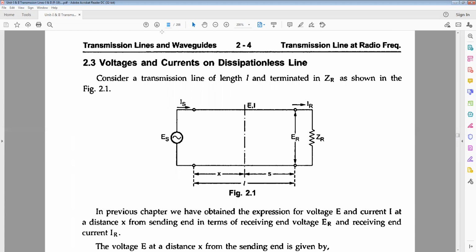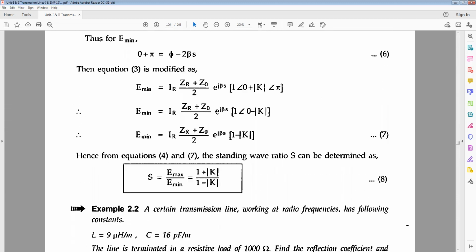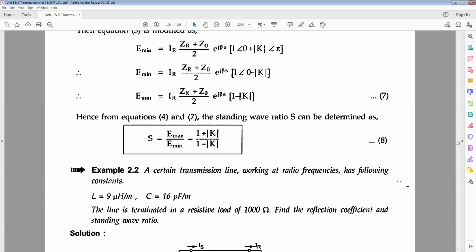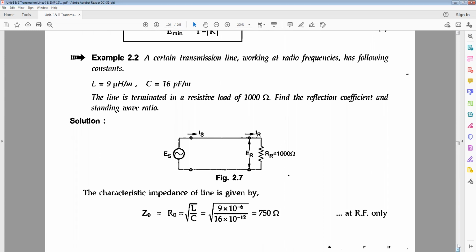And next example. A certain transmission line working at radio frequencies.